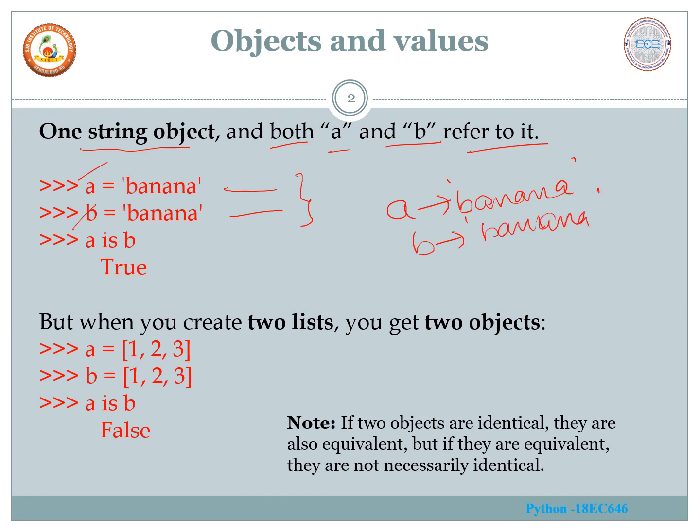Otherwise, you can draw the variables and objects in such a way that A and B each refer to a separate string called banana. In one case, A and B refer to two different objects. In the second case, they refer to the same object.